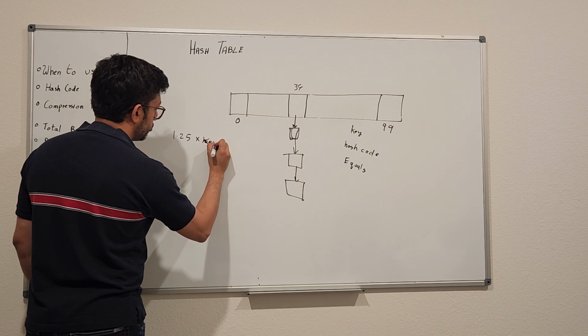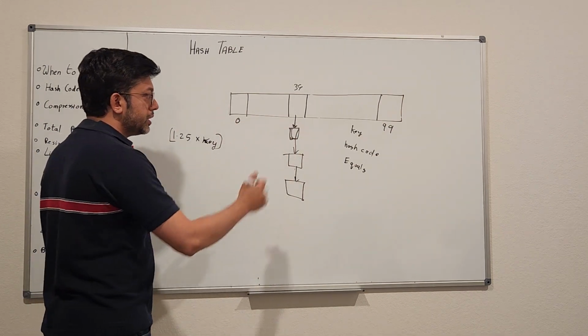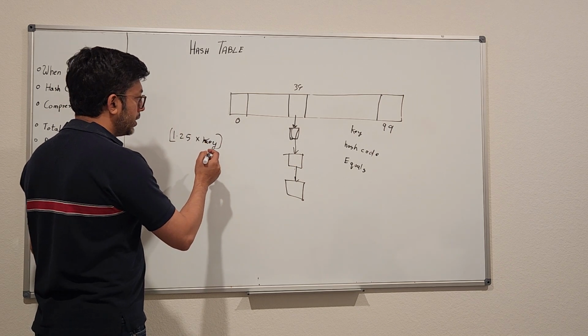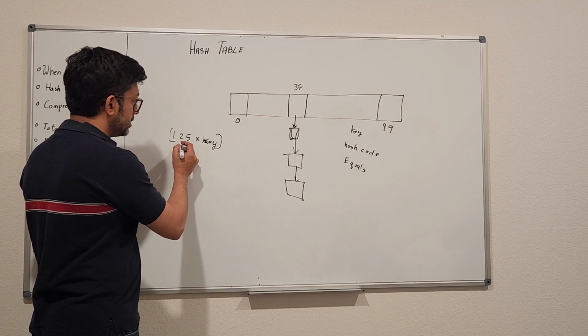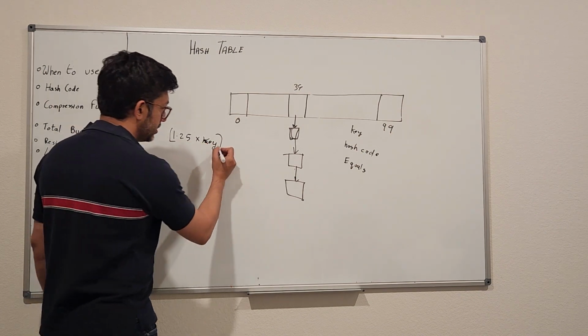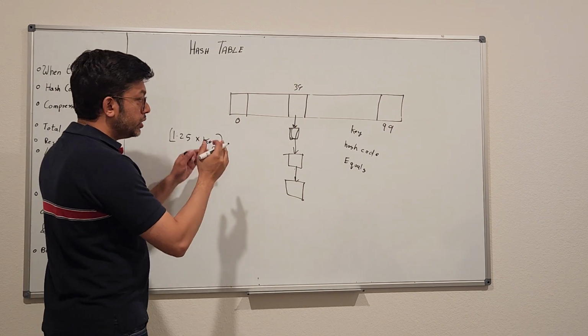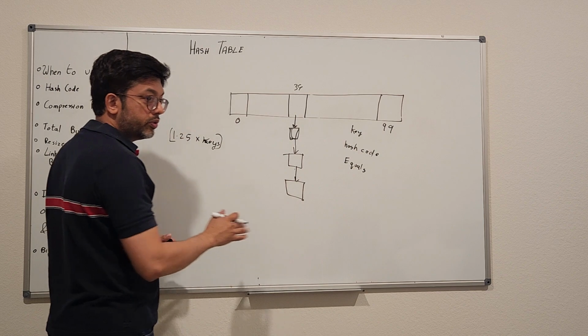Suppose you first add a key, then your keys keep increasing, and at some point the total number of buckets is not double the keys, but only 1.25 times the number of keys. At that point, what you do is you resize the array. You make the array double size and copy all the items over.